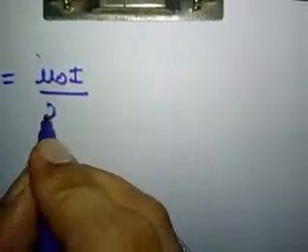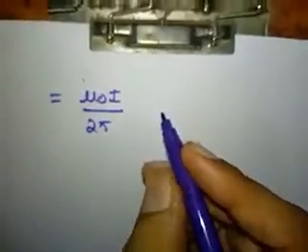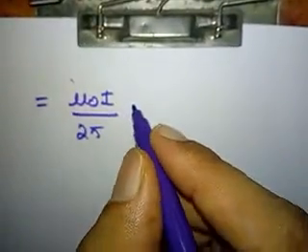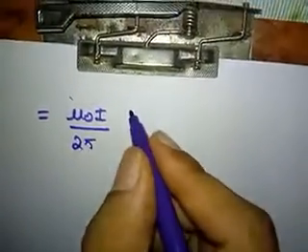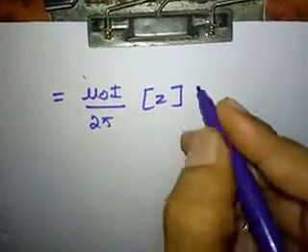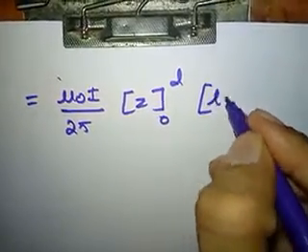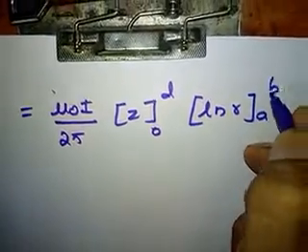So what will be our next equation then? This is equal to mu naught I divided by 2 pi, then the integral of dz with respect to z is z, over the limits 0 to d, then the integral of 1 by r is ln r over the limits a to b.